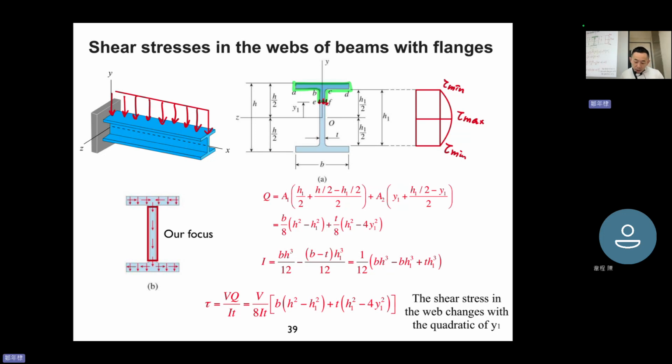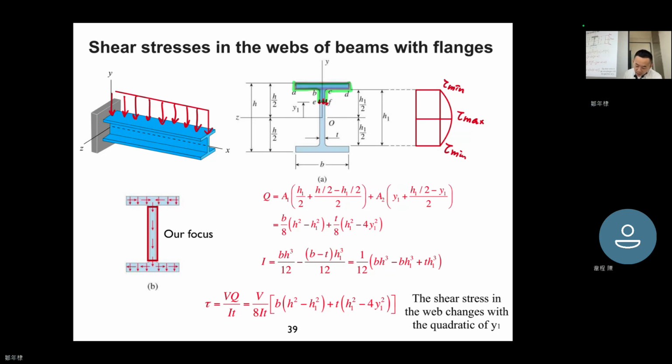Okay, so our Q here is, we do that. You see that is the pink, the flange part.